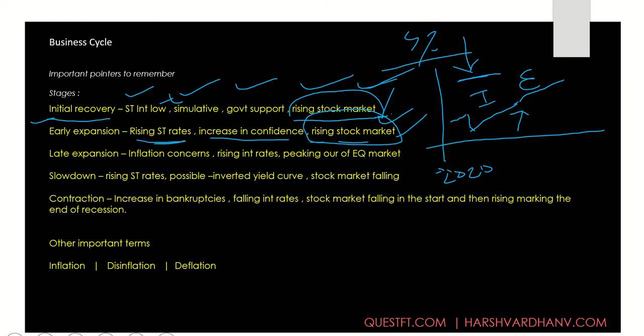Late expansion. India will sooner or later, in fact the entire world will fall into this category. Inflation concerns, because right now the interest rates are low, so borrowing is very easy. Everyone is borrowing, everyone is buying things on debt because the interest rates are low. But because of that, what happens? The demand goes up, and when the demand goes up, the prices go up.